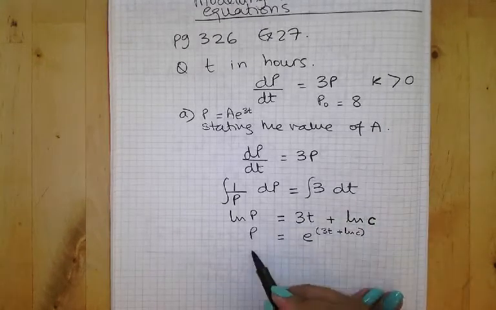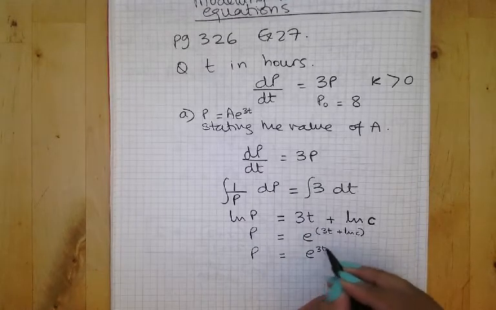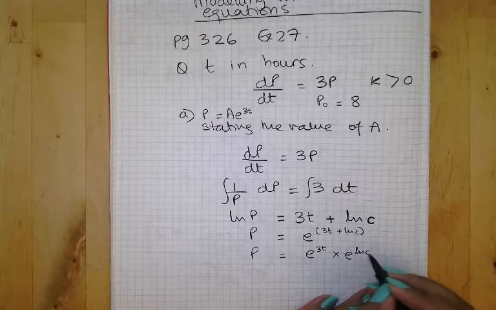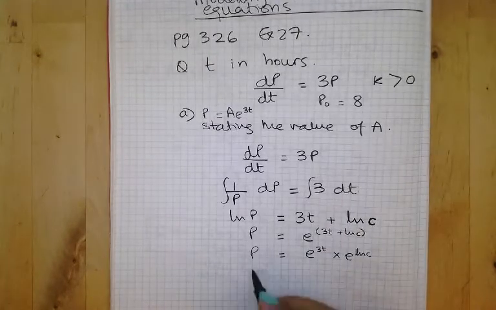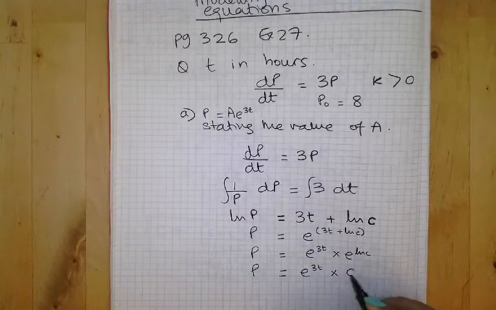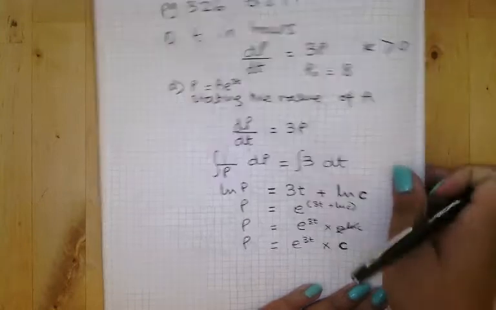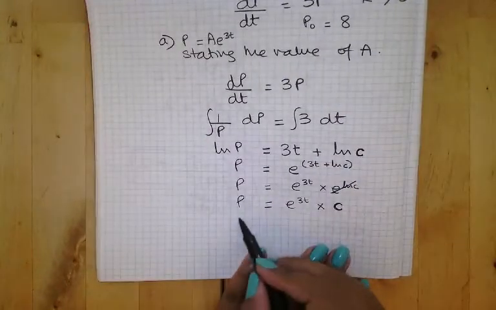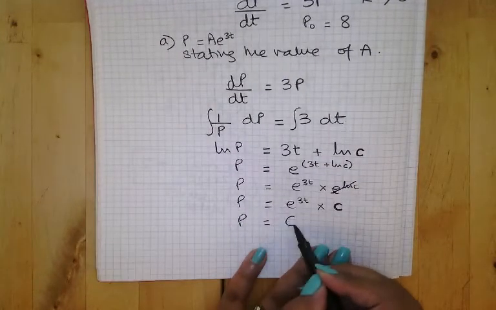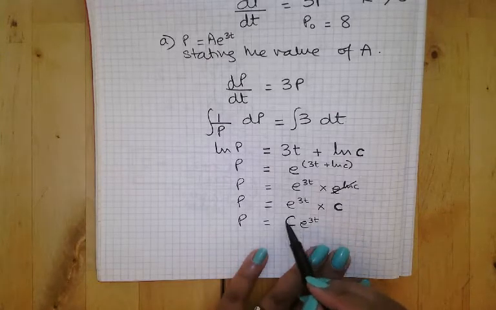And that is the same as P equals e^(3t) times e^(ln c). That gives me P equals e^(3t) times c, because e and ln cancel themselves out. And now I have got P equals c e^(3t). This c is a constant.